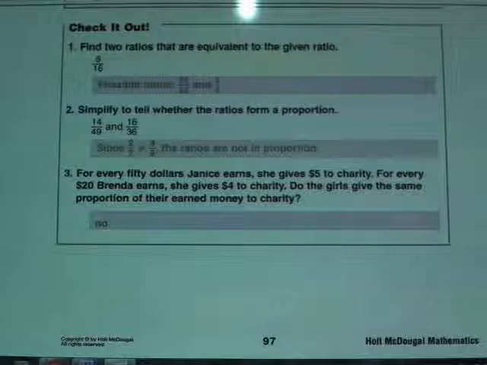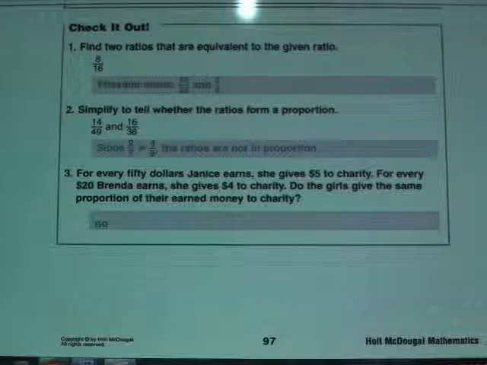Did they go to simplest terms? No, not necessarily, because we know that 2/4 would go down to a half, which really would be chopping 8 out of both the numerator and denominator. And that would be a perfectly acceptable answer as well. Notice their first answer comes from doubling both the numerator and the denominator, which is how they get away with writing 16 over 32.